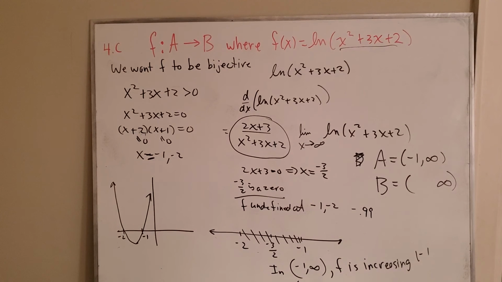Let me try this again with an even smaller number, 0.9999. Square it, using negative 0.9999, minus 3 times 0.9999, plus 2. All right, now I'm at 0.0001. Now I'm going to take the natural log. It's only negative 9.